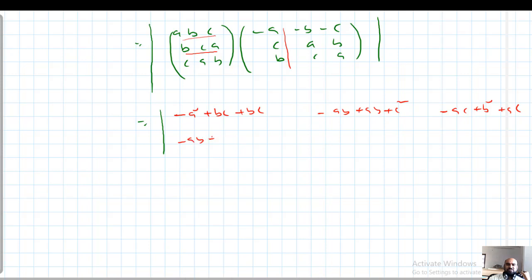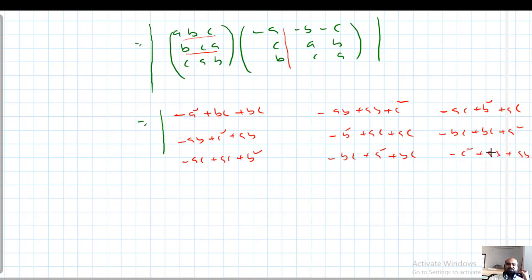Minus AB plus C square plus AB. Here minus B square plus AC plus AC. Okay, students, here what happened? Minus BC plus BC plus A square. Third row, third column element, minus AC plus AC plus B square. Here minus BC plus A square plus BC. This is minus C square plus AB plus AB.